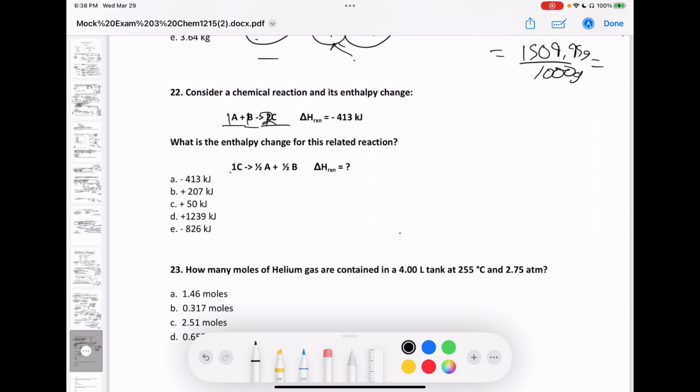So we know we halved the coefficients. So for this delta H reaction of negative 413, we know that we flipped it, so we multiply it by negative 1, or just reverse the sign, and then we also halved it, and that's going to be, I guess, about 207 kilojoules that were absorbed.